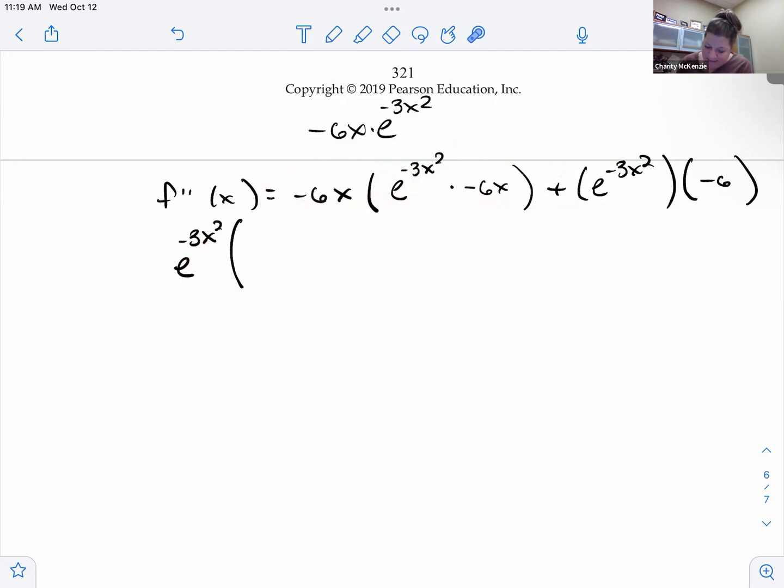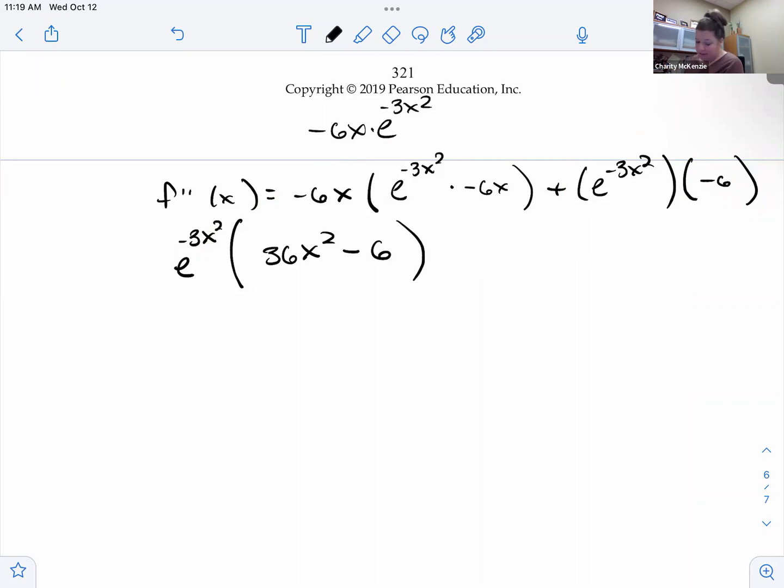I have that left and that left. So 6 times 6 is 36. Negative times negative is positive. So 36x squared is left there. Now over here, we have this term coming out front, right? So I only have negative 6 left. So you can write that as minus 6 or plus a negative 6, don't care.